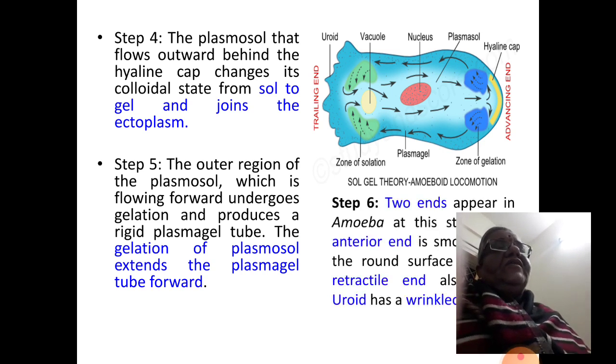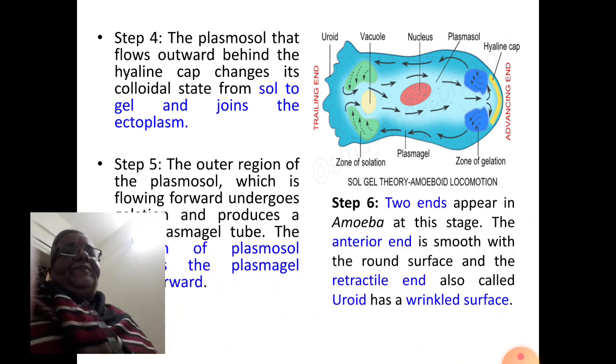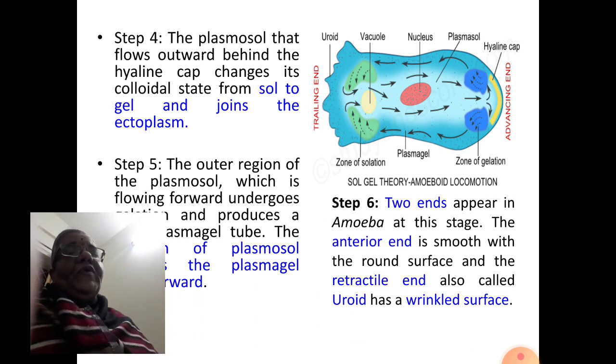Then, step 6. At this stage, two ends appear in the amoeba cell. The anterior end is smooth and round, that is the advancing end where the pseudopodium is being formed, and the retractile end, also called uroid, which has a wrinkled surface.